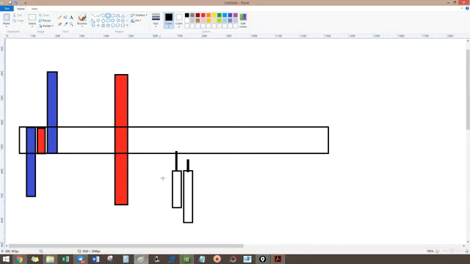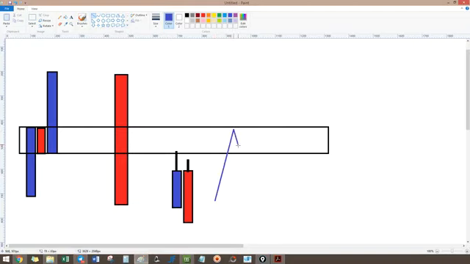Okay, at RBS or SBR, it will look something like this. You will enter a trade like this. So in a line chart, it will look something like this, I think.